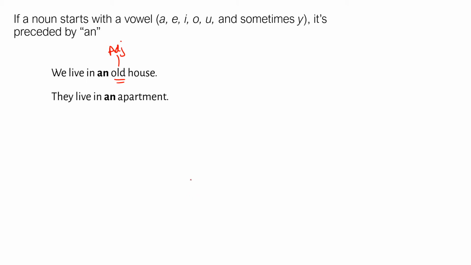But if we look at they live in an apartment, apartment is a noun, right? A substantive, naamwoord. Do you have an umbrella? Umbrella is also a noun, right? So if the noun starts with a vowel, and sometimes Y, it's preceded by an. So an old house, an apartment, an umbrella.